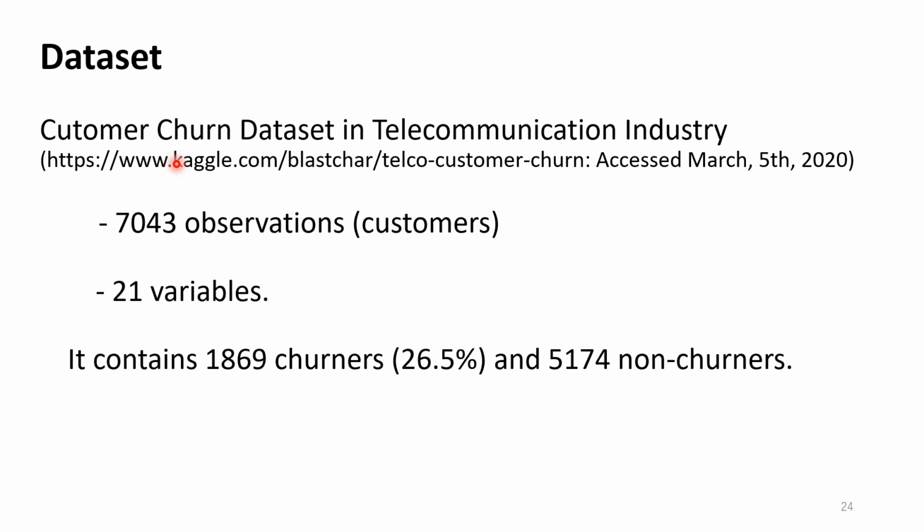The variable named churn is binary, yes or no, and is used as the target variable in the following analysis. It contains 1,869 churners and 5,174 non-churners. The percentage of churners is 26.5%, and thus the dataset can be regarded as imbalanced data.